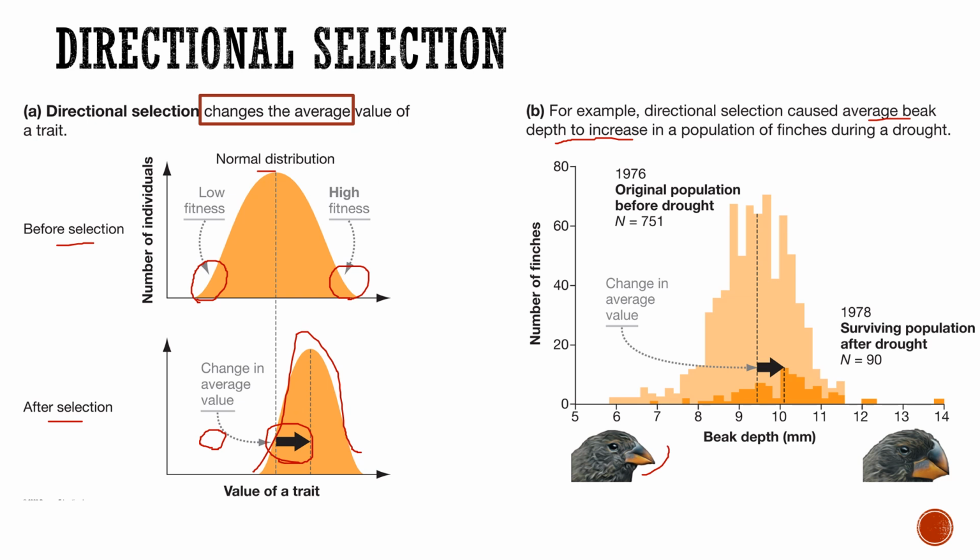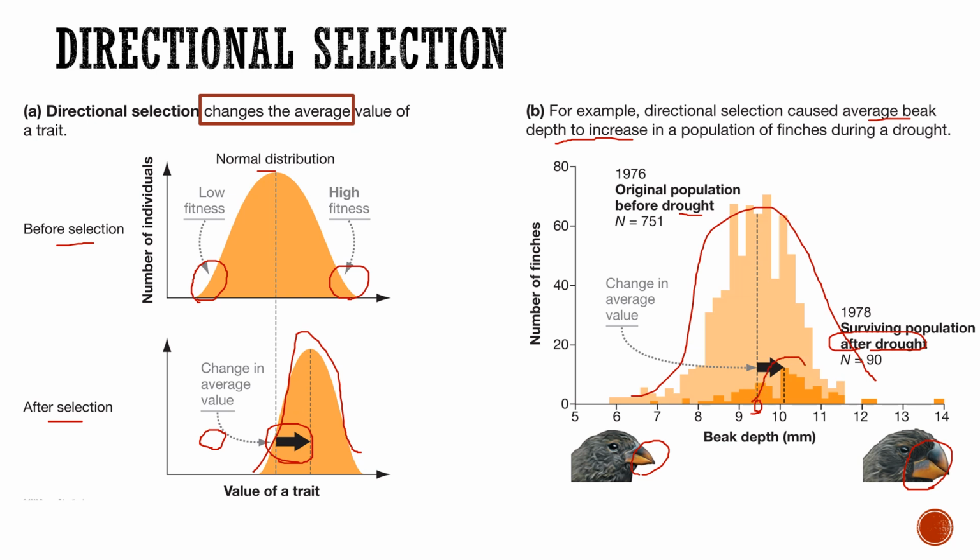Okay, so the depth here of the beaks are really narrow here, really thick on this end. So originally this bell curve, kind of the average was right around 9.5. However, after a drought, okay, so after we had this drought, the population that was left, all of them had a deeper beak size.